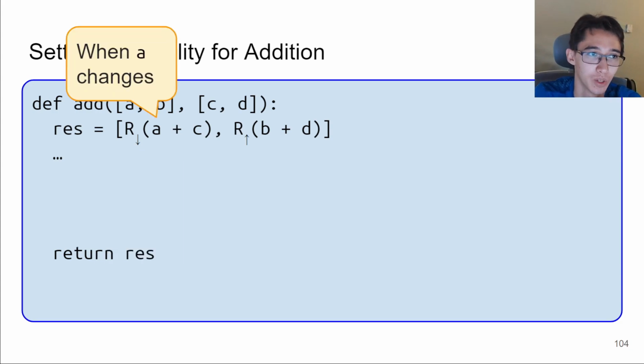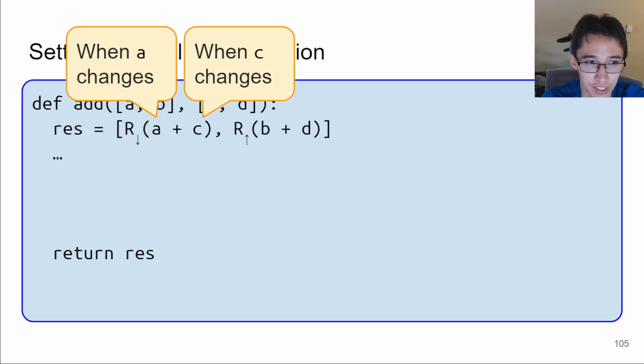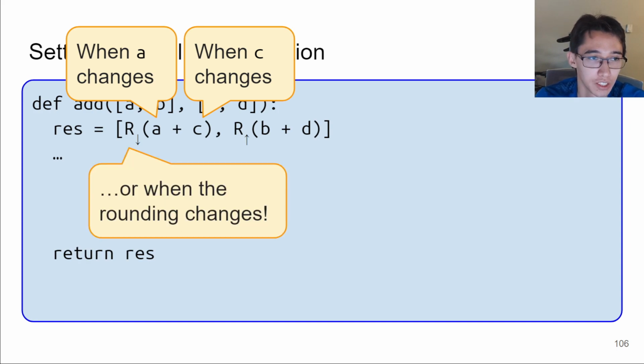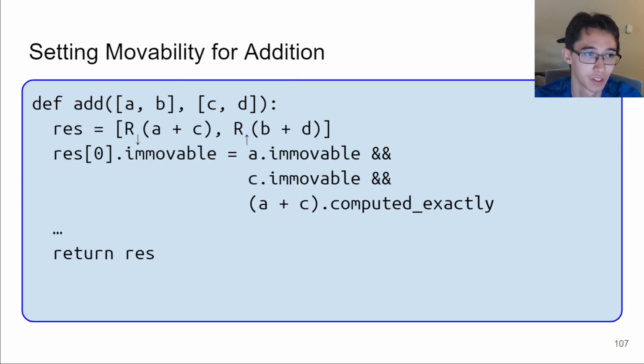So it changes when A changes, obviously. If the input changes, this will change. It changes when C changes. But crucially, it also changes if this rounding function changes. And the rounding function is precision dependent. And so we capture that with this Boolean. So we'll set the immovability flag if A was immovable, proving that it won't change at higher precision.